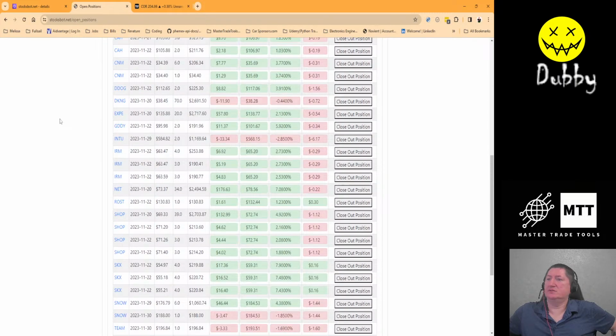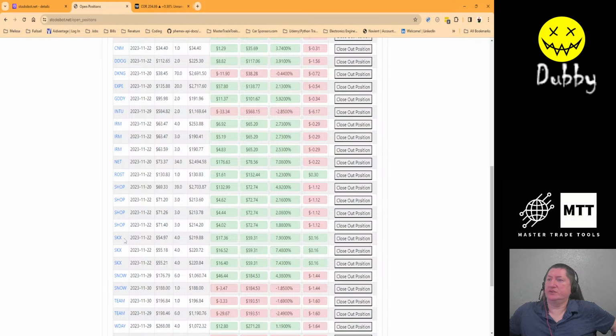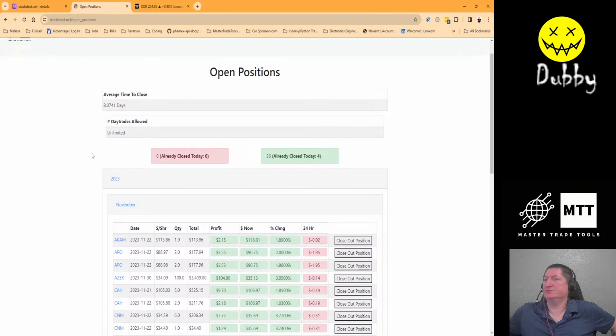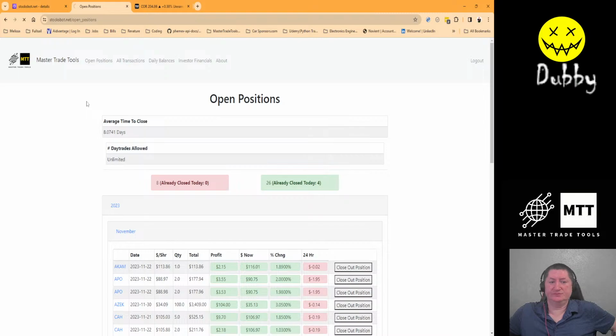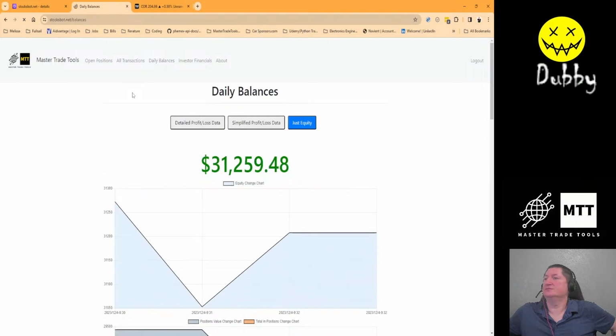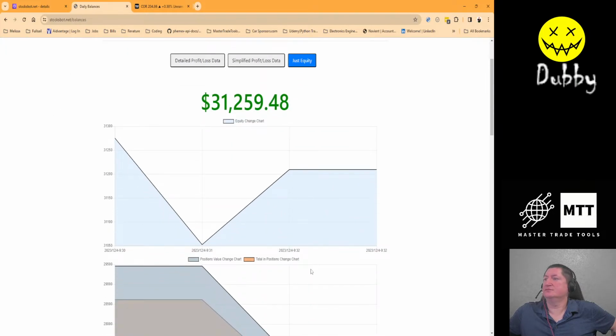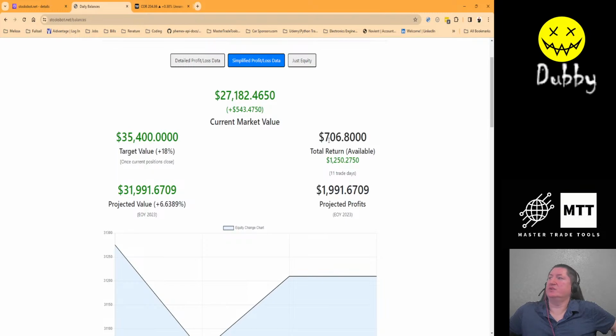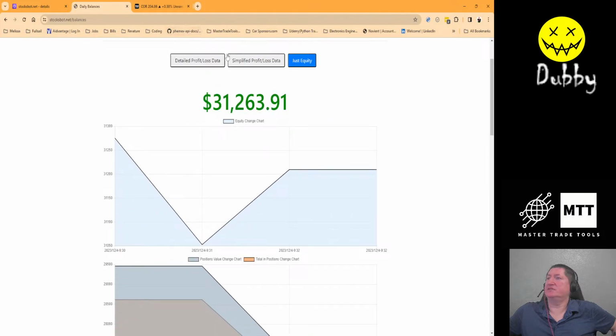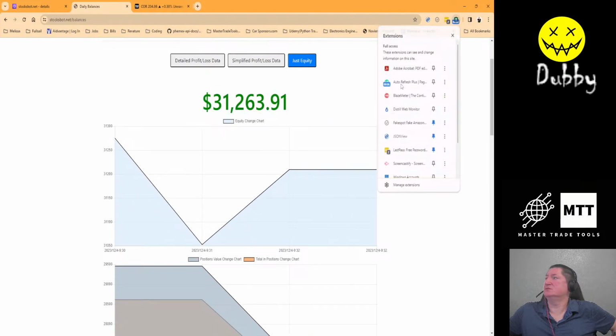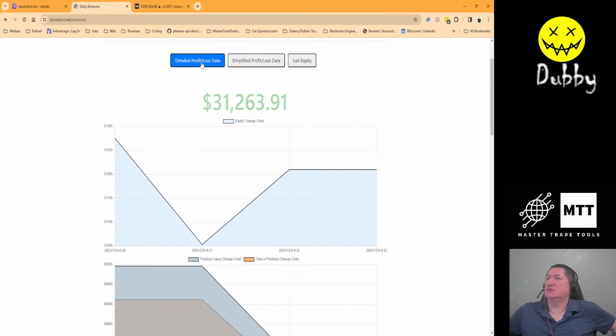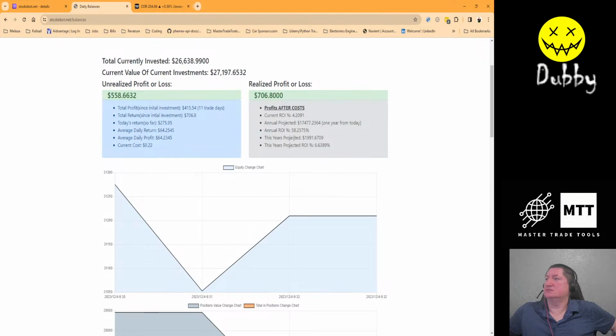Okay, we sold Uber and we sold Spotify. Now we're showing a realized profit of $706, which brings us up to 58% annualized and 6.63% by January 1st of 2024.